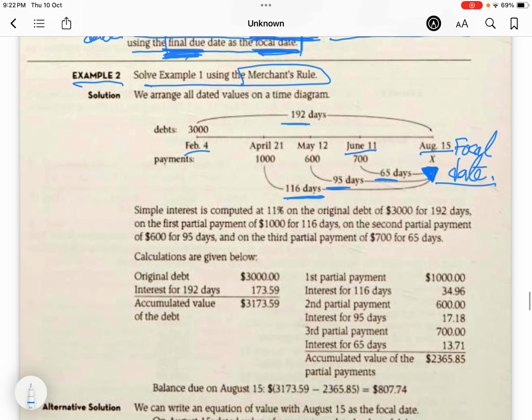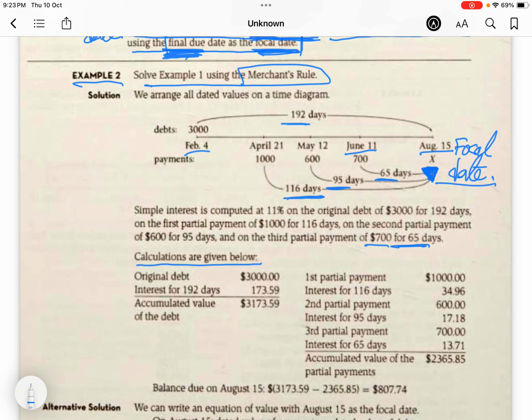Simple interest is computed at 11% on the original debit of 3,492. On the first partial payment, 1,000 for 116 days. On the second partial payment, 600 for 95 days. And the third partial payment will be 700 for 65 days. Calculations are given below.